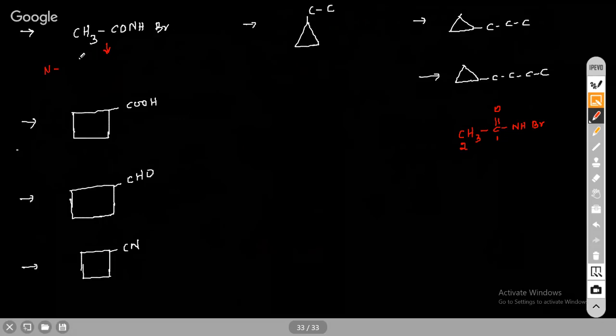Since we have Br here, we'll write N-bromo. This means that this bromine is attached to nitrogen. And we have started from this carbon atom, 1 and 2. So ethane, and since we have an amide group, ethanamide. This is the name of this compound: N-bromo ethanamide.